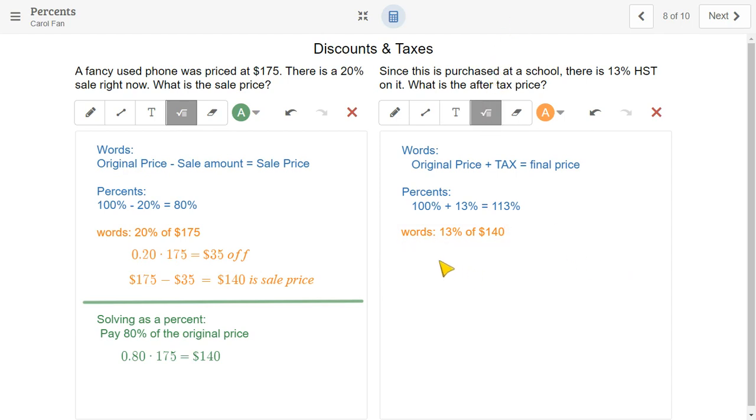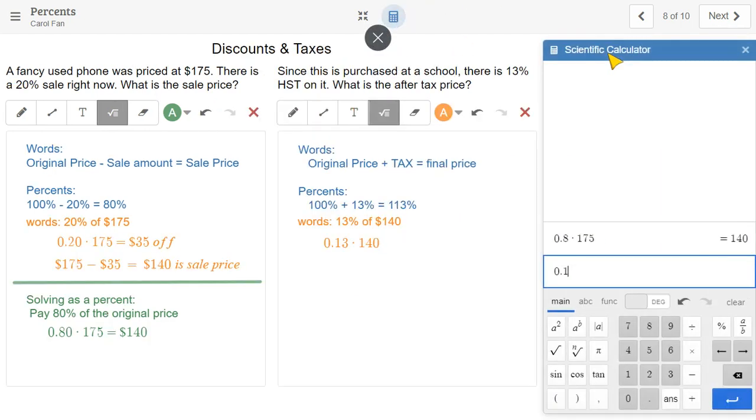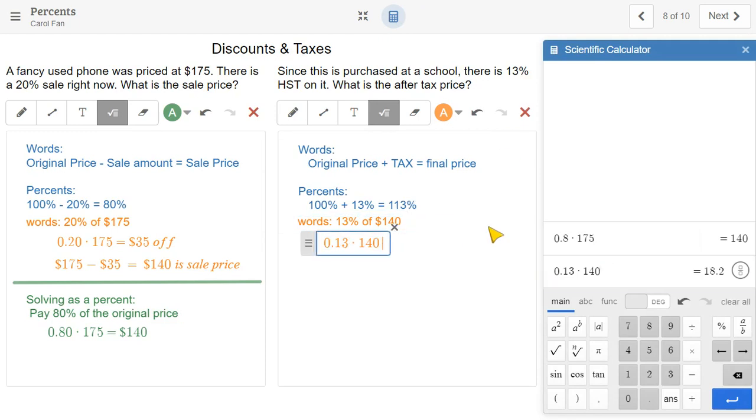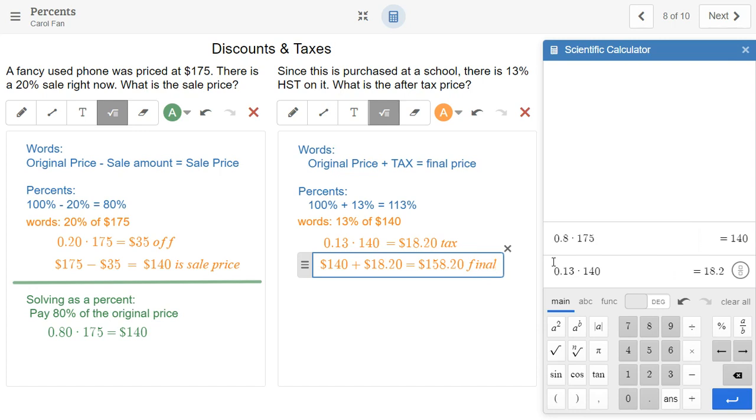As a math sentence, I would write 0.13 times 140. 0.13 times 140, that is 18.2. This is our tax. So our final price, I have 140 plus $18.20, and we have $158.20 as the final price.